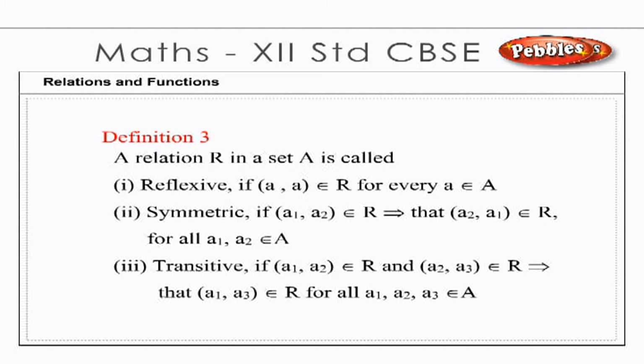Transitive, if (a1, a2) belongs to R and (a2, a3) belongs to R implies that (a1, a3) belongs to R for all a1, a2 and a3 belongs to A.